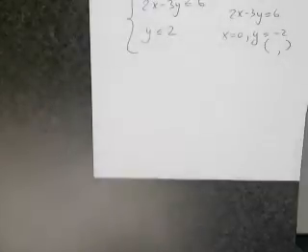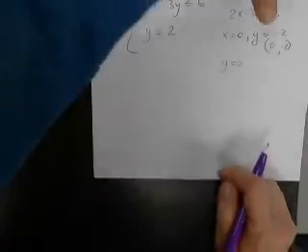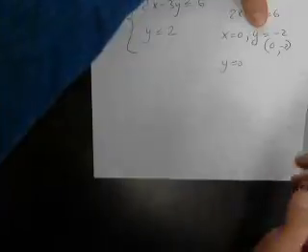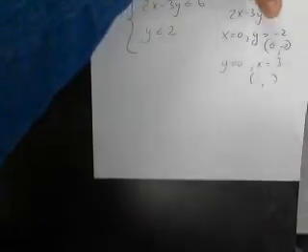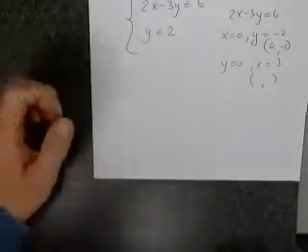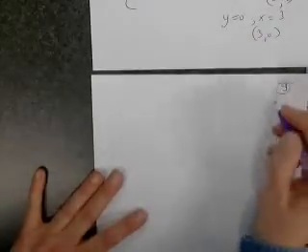I need to write the ordered pair before I move on to the next one because I may mess up. 0, -2. Excellent. When y is 0, how much is x? 3. And the ordered pair is? 3, 0. Perfect. So now let's plot and graph.